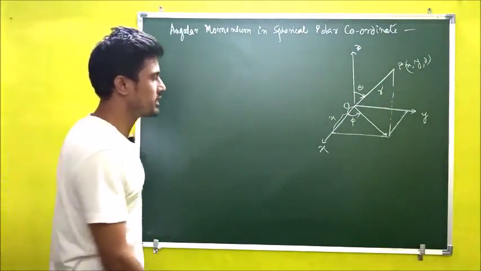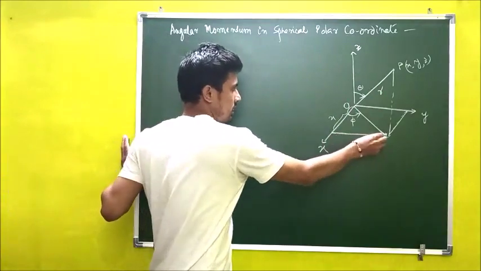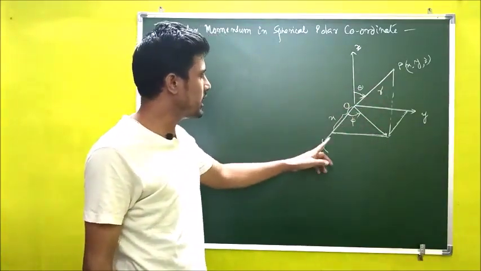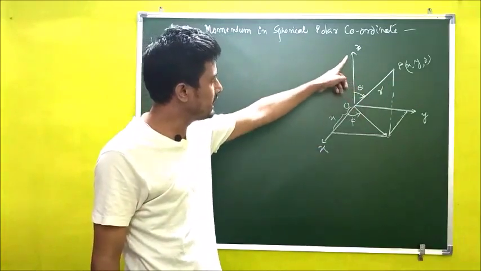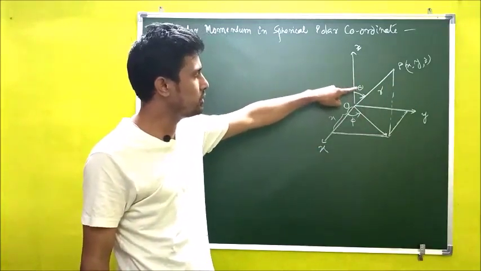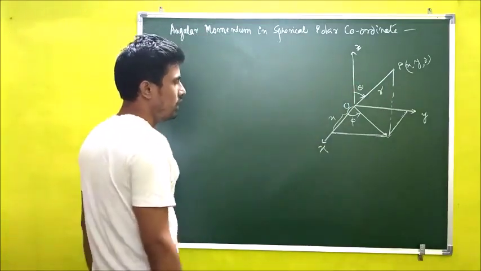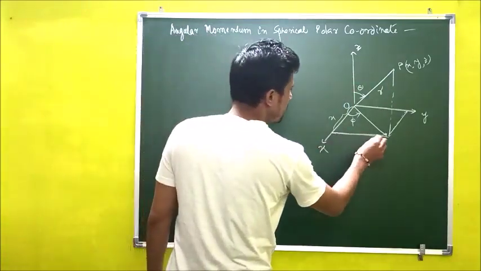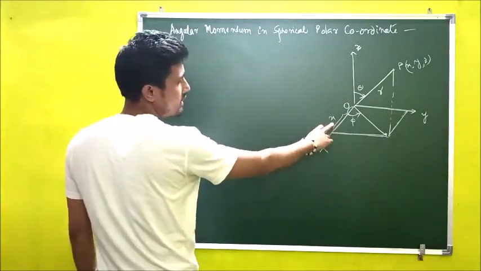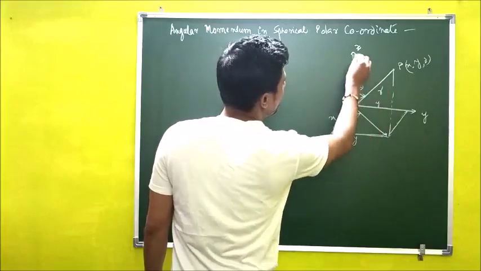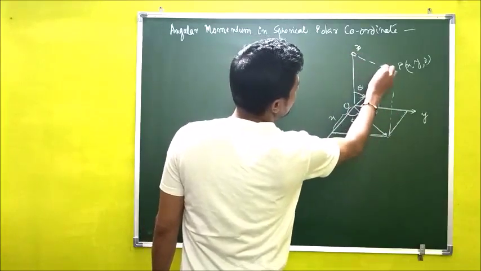Up to this it is clear. This point P makes an angle phi with the x-axis, and an angle theta with the z-axis. Then this is x, this would be y, and you can draw a line over there.